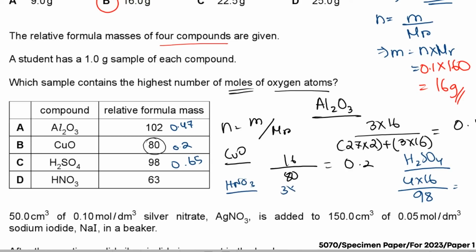In this case, oxygen is 3 into 16 divided by 63. We are going to get 0.76. It says highest number of moles of oxygen atoms, so our clear answer is going to be D.